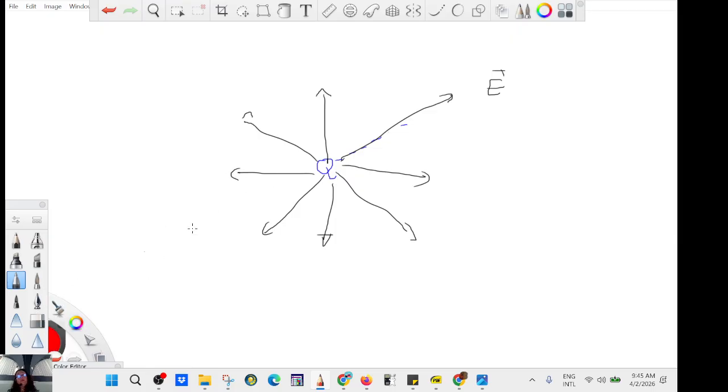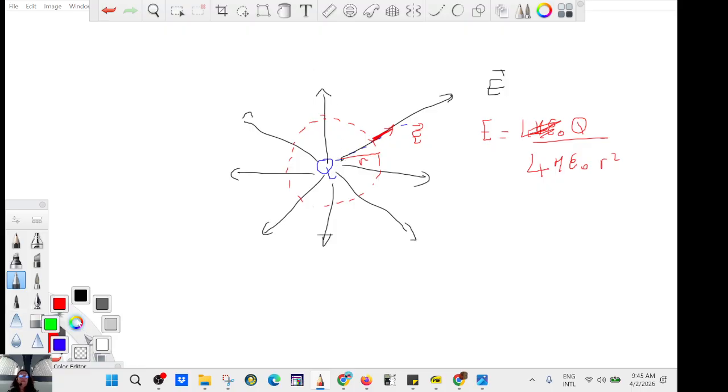So if I want to find the electrostatic field, it's not changing with time, at a distance r, the magnitude is going to be q over 4 pi epsilon 0 r squared. So it's an inverse square law. But my point is that at that distance here, you see the electric field is moving away from Q.